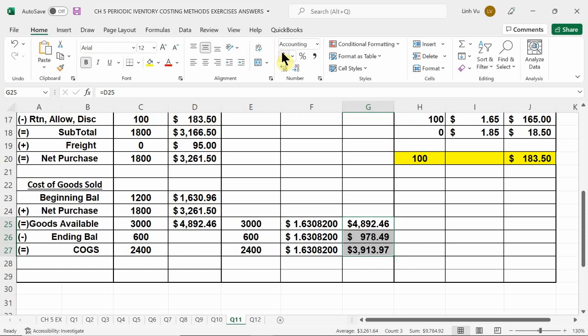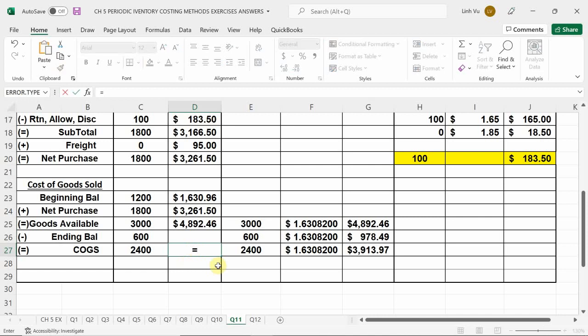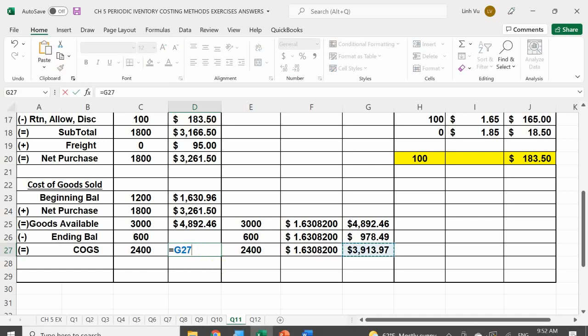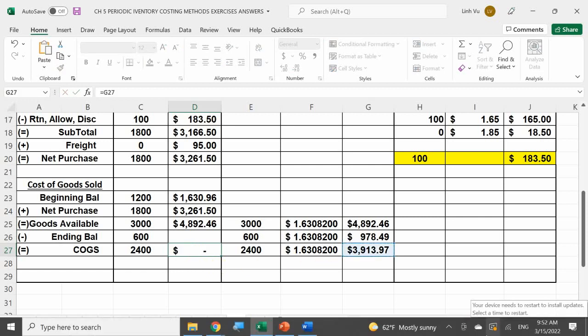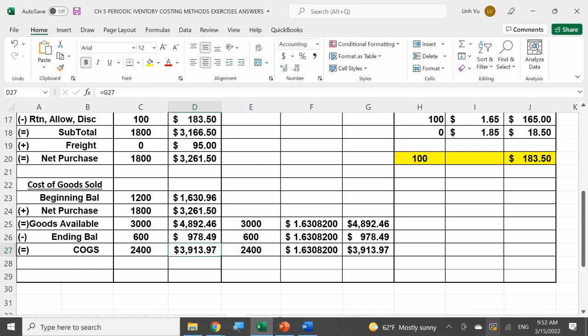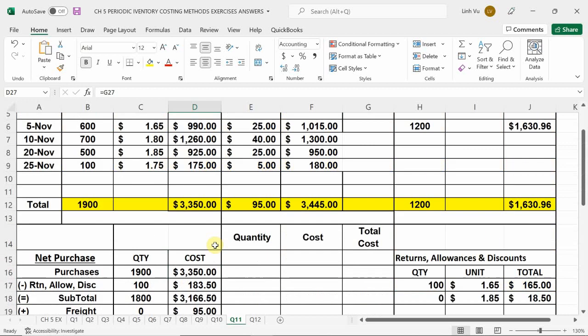So that's my ending balance. I have my total cost of goods sold to equal $3,913.97, and of course I can solve for my ending balance this way. I get $978.51.